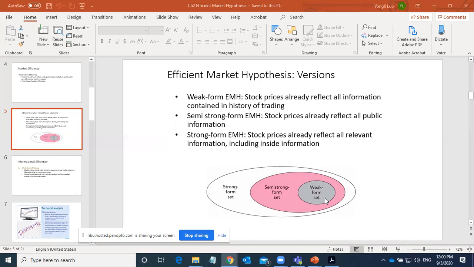Someone tells you to buy a stock analysis software to make money. That's the weak form market efficiency hypothesis. Okay, if that is true, using that software is just a waste of your money.